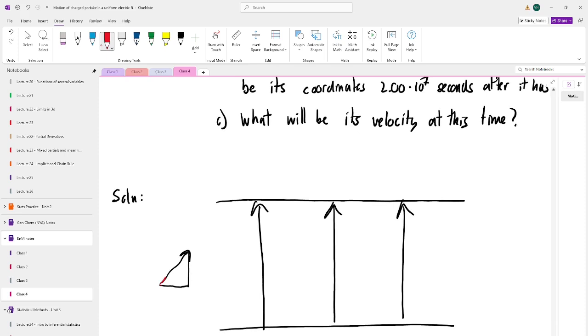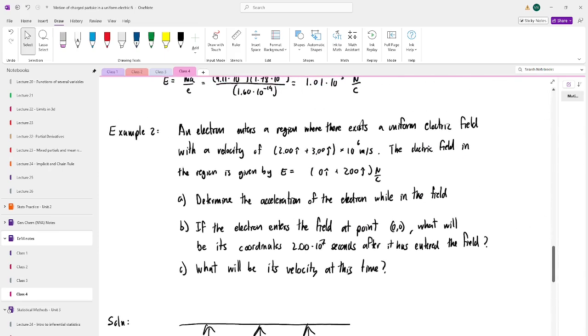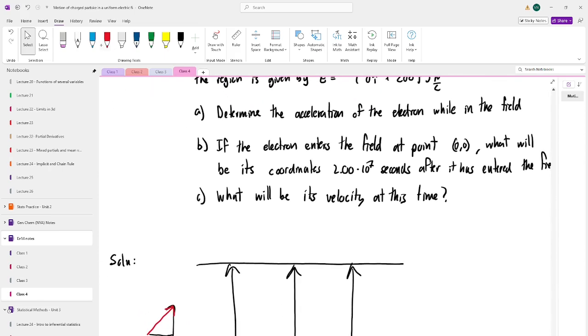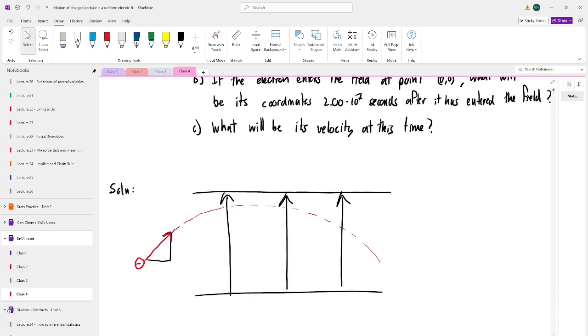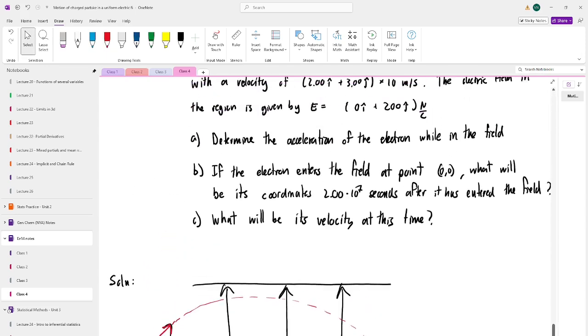So our initial velocity vector will look something like that, and we're sending in an electron. Now, of course, this is an electron, so it will feel a force downwards. So its motion will look something like that. It's still parabolic, except now it's concave down.